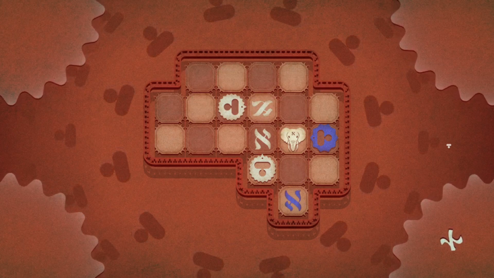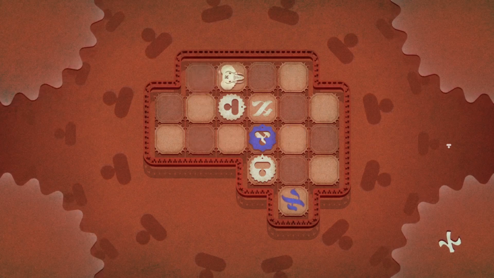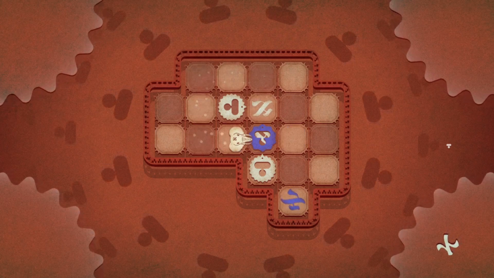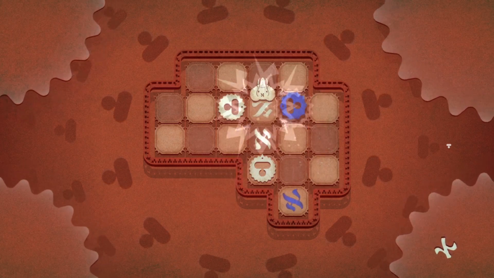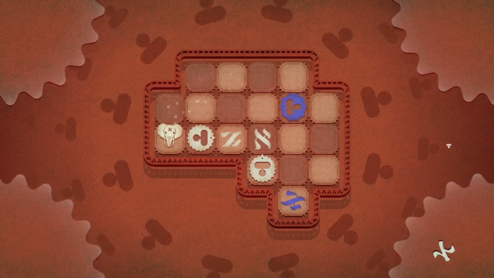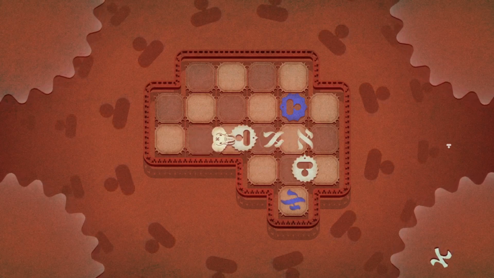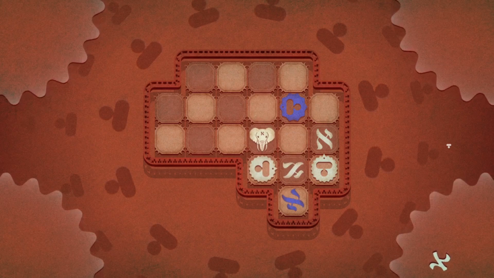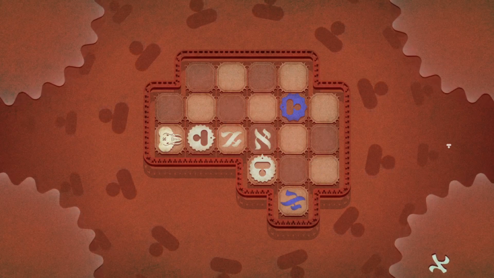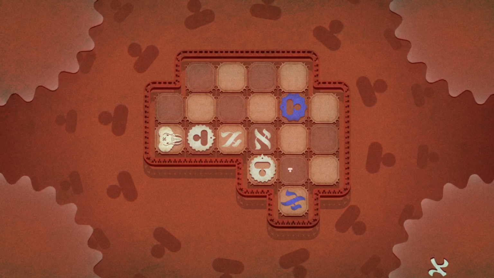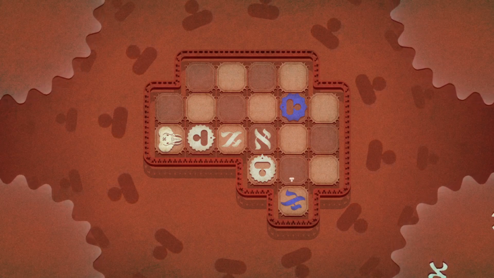Hold on. Let's get you out of the way first. Perhaps. No, this gets everything stuck. So perhaps a glyph down here would be nice. But a glyph down here requires a couple of things.